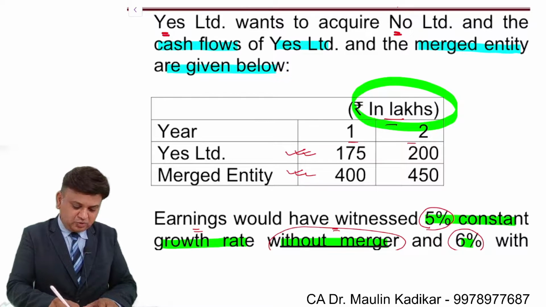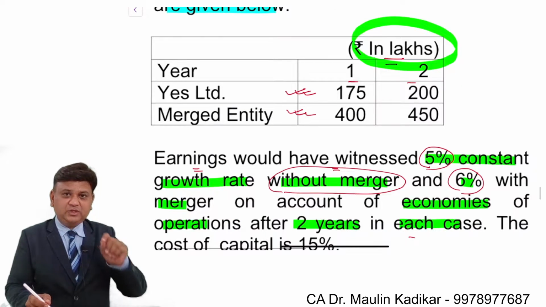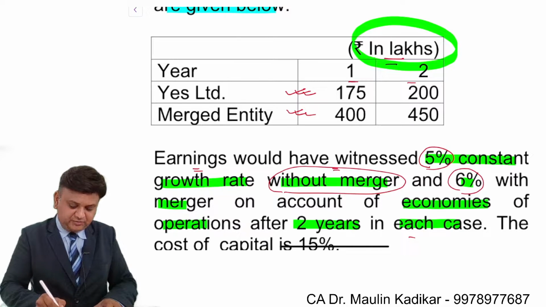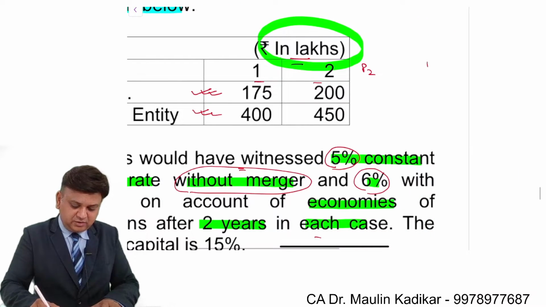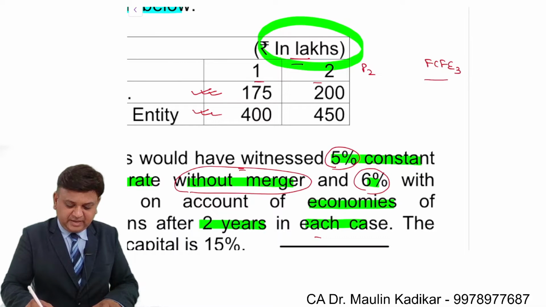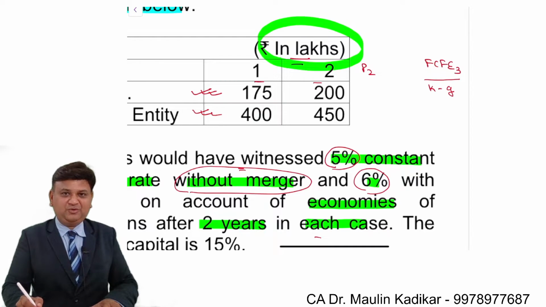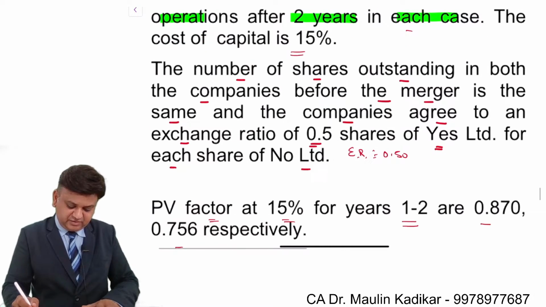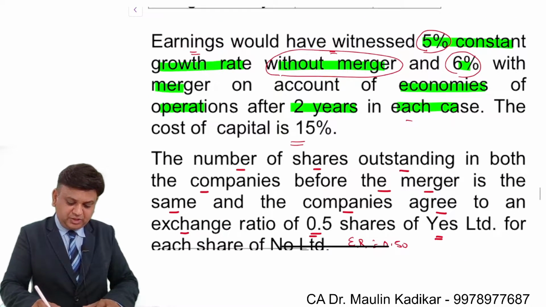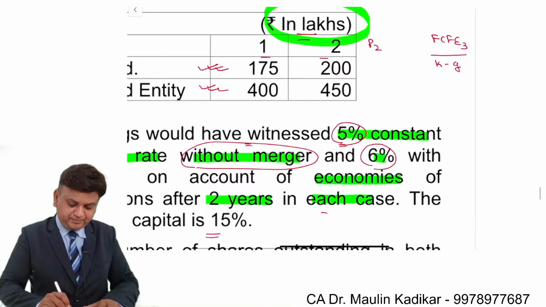So what will happen, dear students? In order to compute the value of Yes Limited before merger, we'll make the calculation of the P2. P2 will be calculated as free cash flow for equity for the third year divided by K minus G. We understand that as per the given information, the growth rate is 5%.